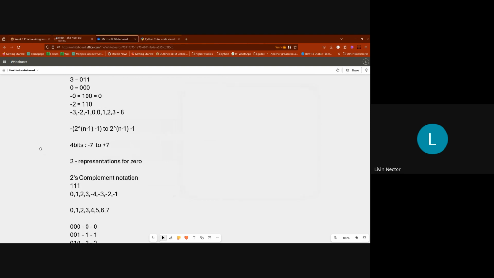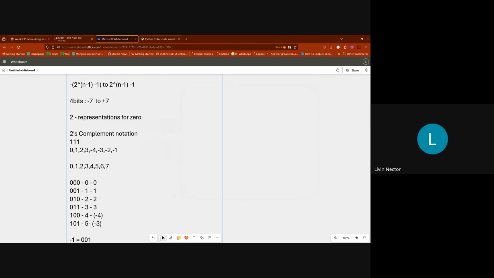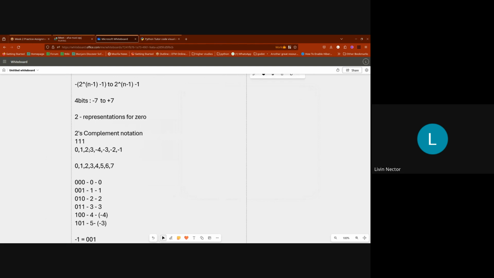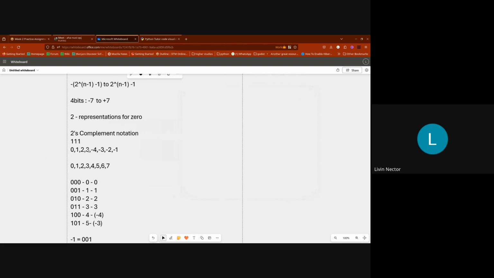So what is the advantage here? You can represent from 0 to 2 power n minus 1, right? For example, yeah, this part. Here, this will be -1 only. The positive part, you will go 0 to 2 power n minus 1. But in the negative part, this minus will not be there.